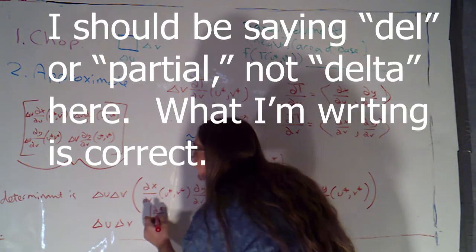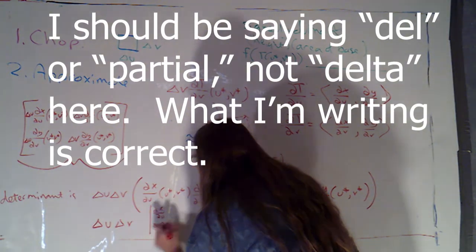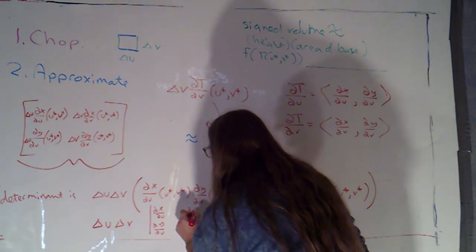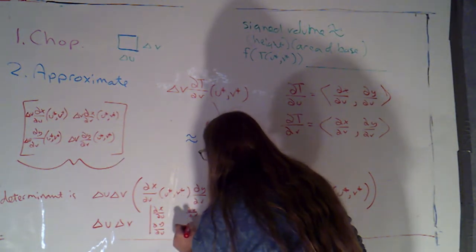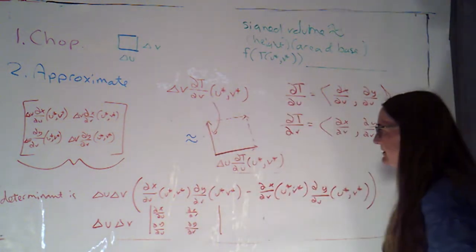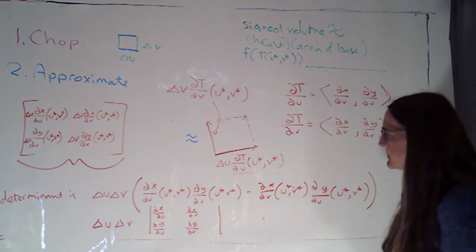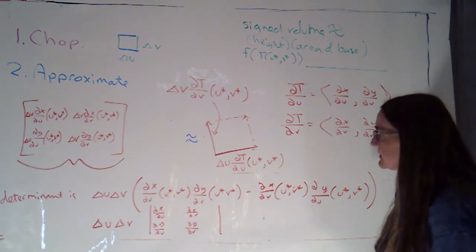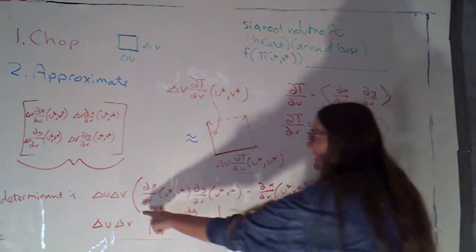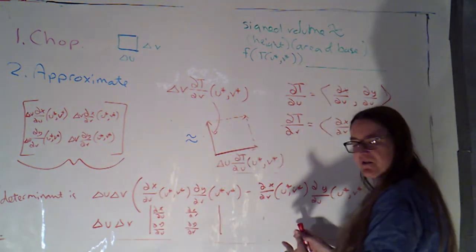Delta x, delta u, delta y, delta u, delta x, delta v, delta y, delta v. So notice x and y, what we're mapping to, correspond to the rows.